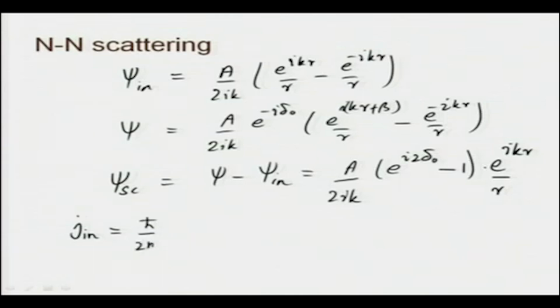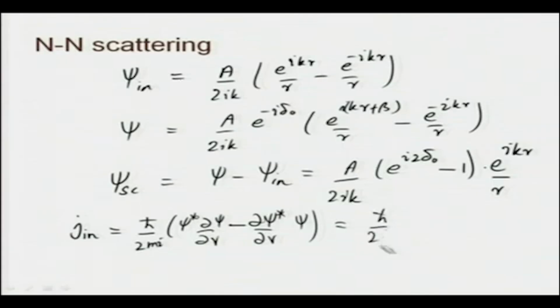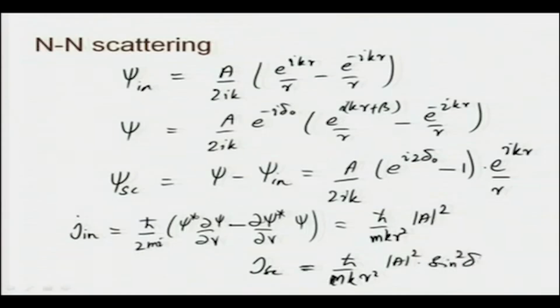So, you can work it out, it corresponds to h cross over 2 m i, psi star dou psi by dou r minus dou psi star by dou r psi, and for the psi in, this is equal to h cross k over m r square mod A square, and corresponding to the scattered wave function, it is h cross k over m r square mod A square sin square delta 0.